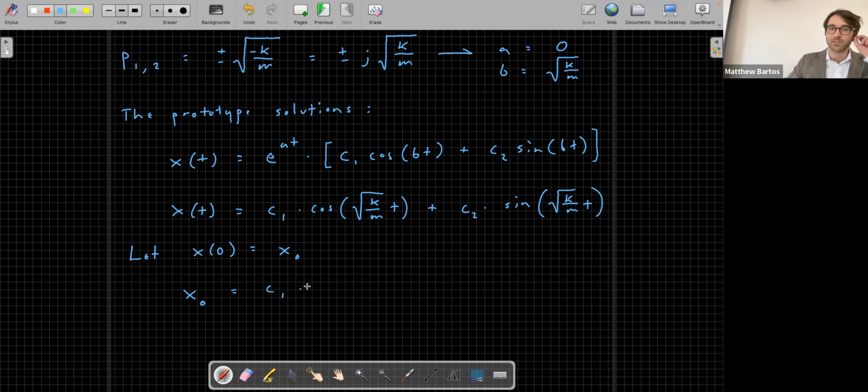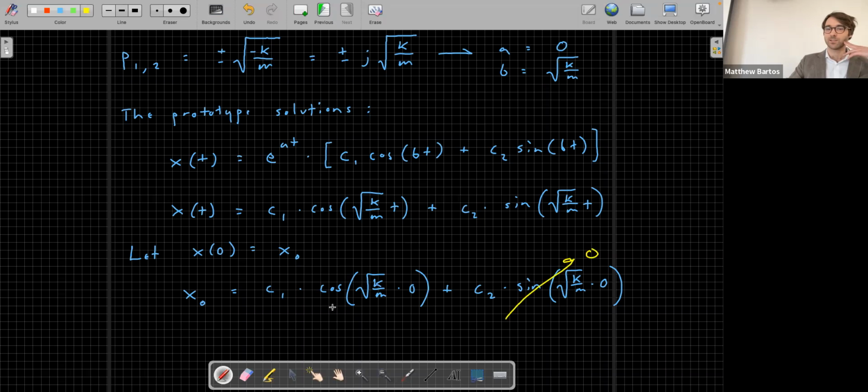Here we will get c1 times cosine of square root k over m times 0 for time equal to 0, plus c2 times sine square root k over m times 0. What happens to this term? This goes to 0. What happens to this term? This becomes 1. And so what we end up with is x naught is equal to c1. Okay, very good.